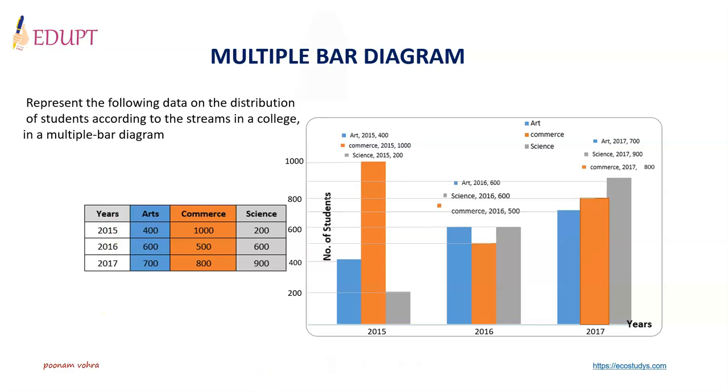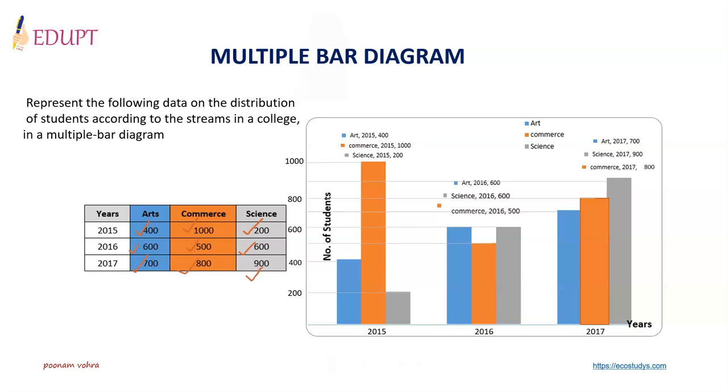In 2015, number of students in art stream 400, in commerce 1000, in science 200. In 2016, it is 600, 500 and 600 simultaneously. In 2017, it is 700, 800 and 900 simultaneously.